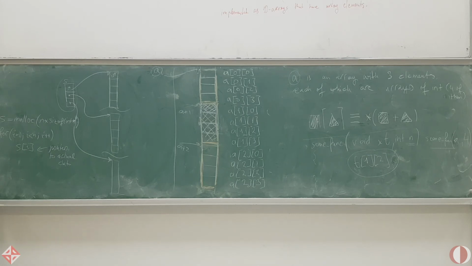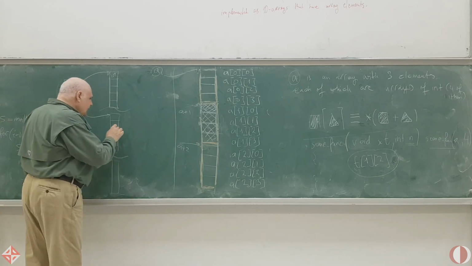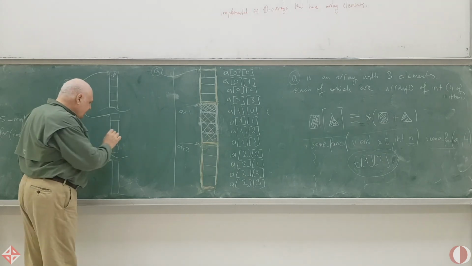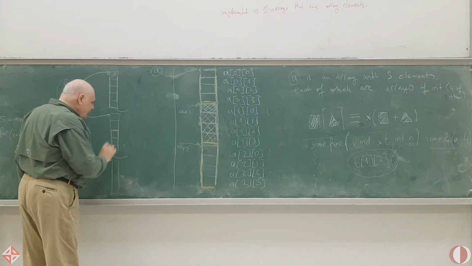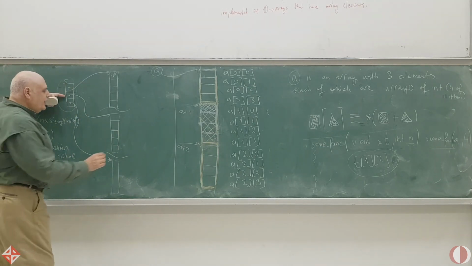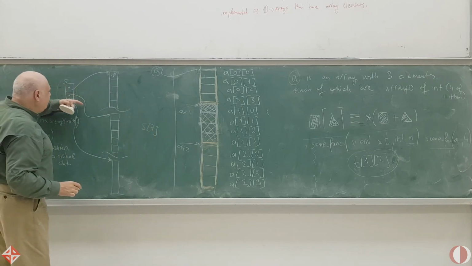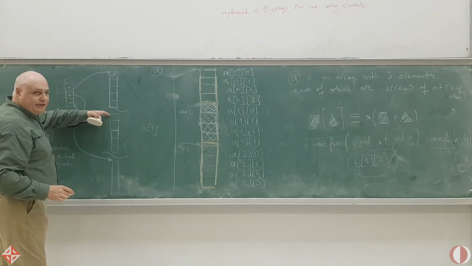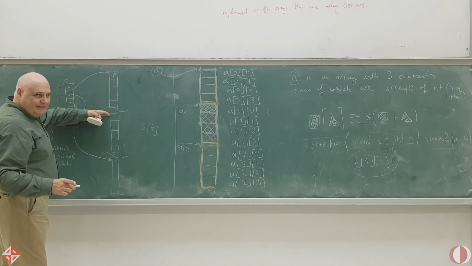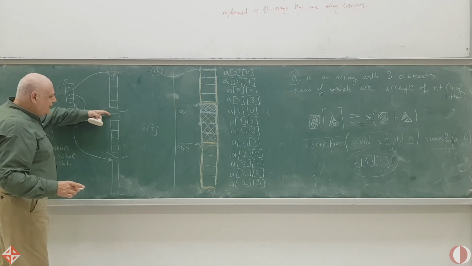From that moment on, if I want to get my hands on this element, this very element, what do I have to do? I go down to S1, pick from there a pointer, this pointer, and this pointer is pointing to the start of it.